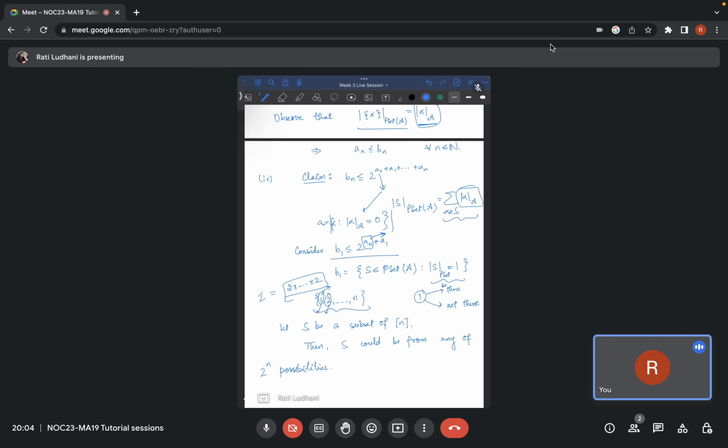So in the sum, you know that A0 corresponds to all the elements which have size 0 in A, and similarly A1 is all the elements which have size equal to 1.